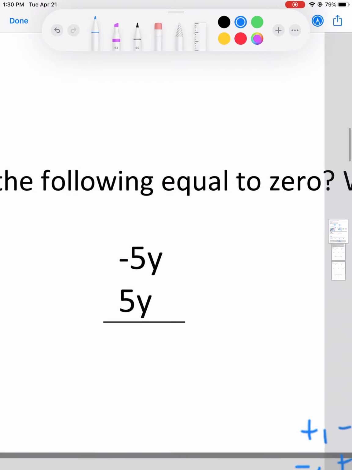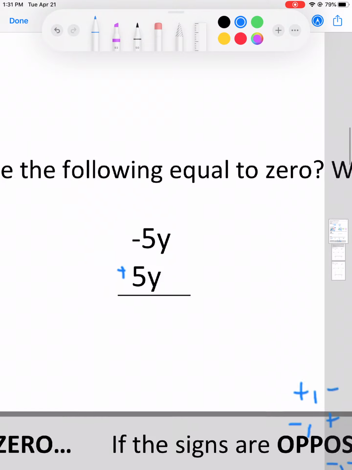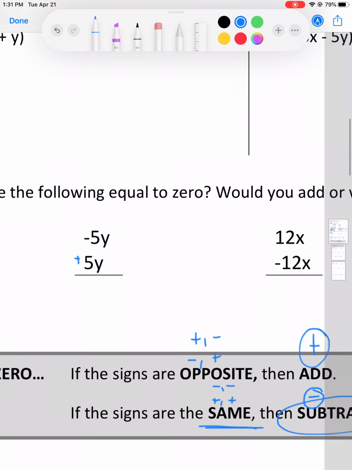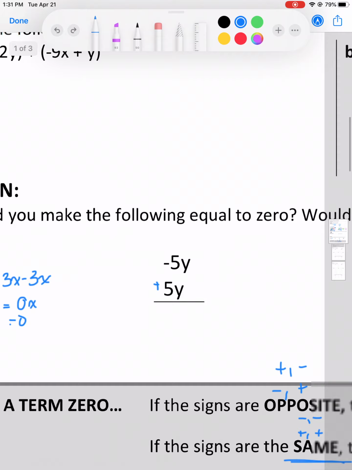Negative 5y and 5y. So we have a negative and we have a positive. Are the signs the same or are they different? The signs are opposite, they're different, so we have to add these together.